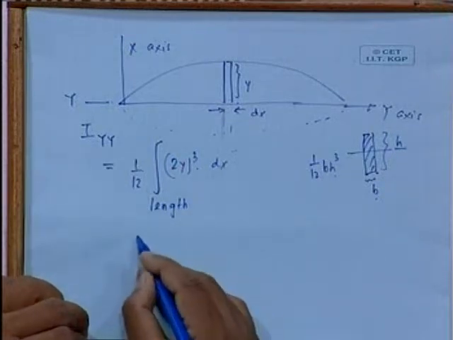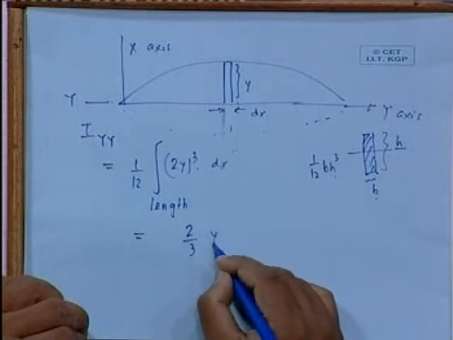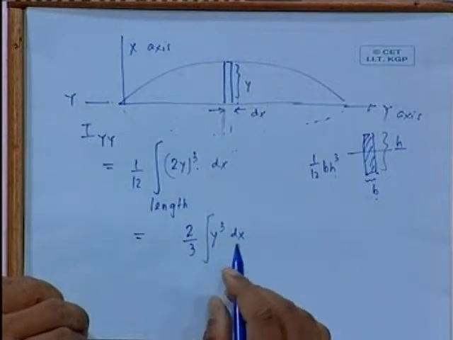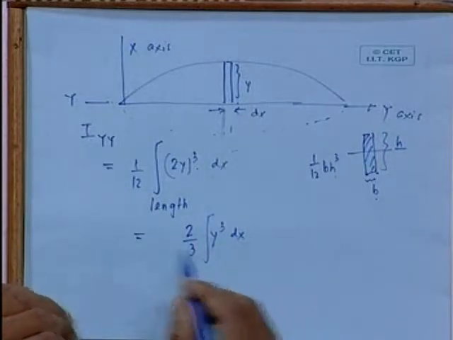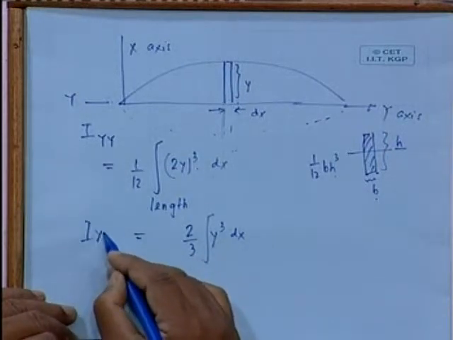Okay, if you look at that, it becomes 2 by 3 y cube dx over the length. This is my I y y.